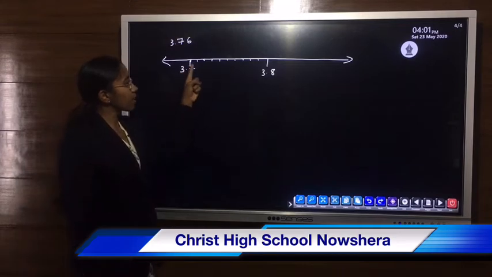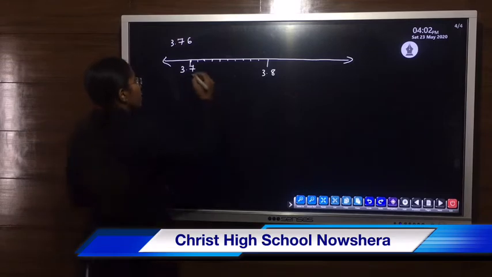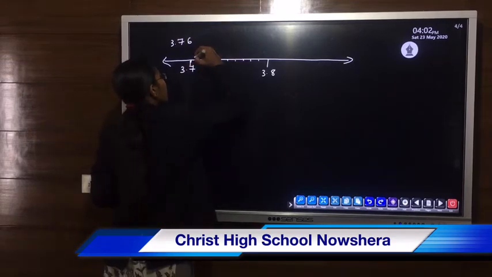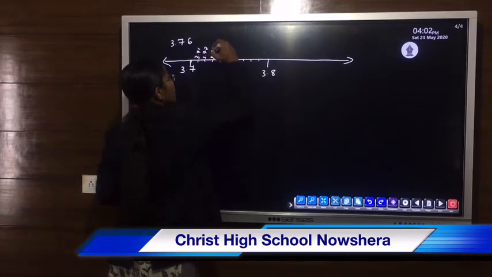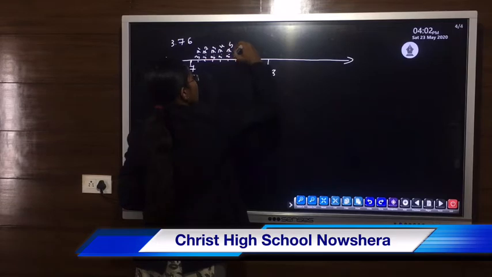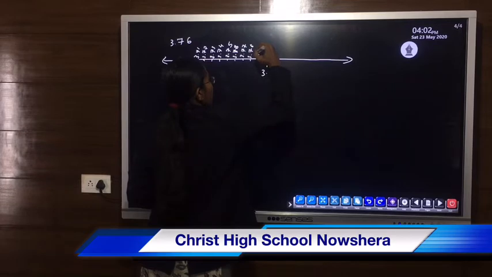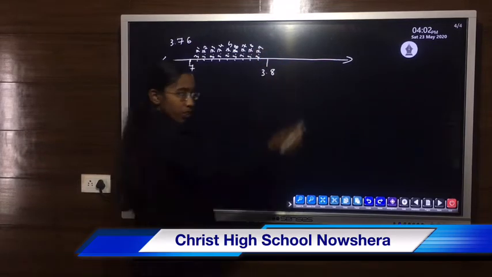The right side of 3.7, the first subdivision is 3.71. So this is 3.71, 3.72, 3.73, 3.74, this one 3.75, 3.76, 3.77, 3.78, 3.79, 3.8.